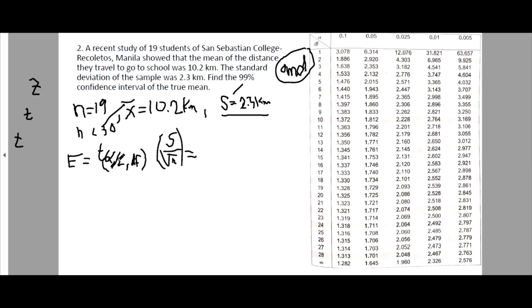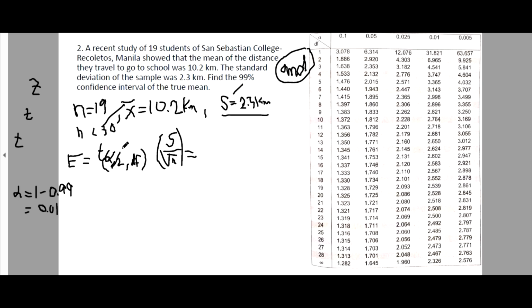Okay, so we're given 99%. To find alpha, remember in our previous topic on the introduction of t-distribution, we just subtract. So 99% is 0.99, so we subtract 0.99 from 1. So this alpha is 0.01.